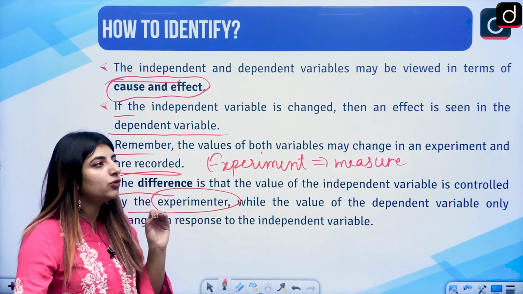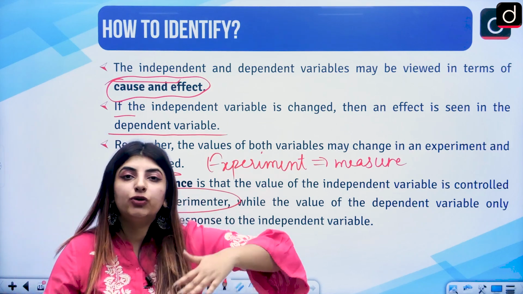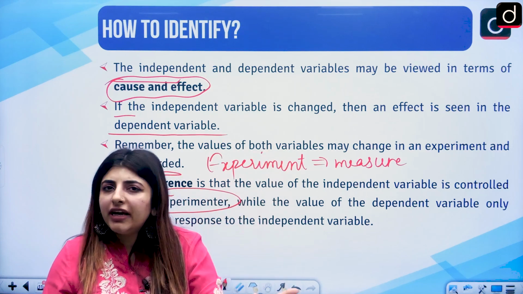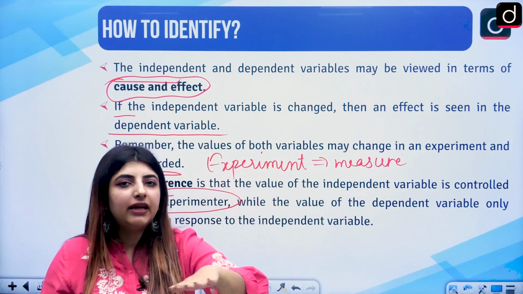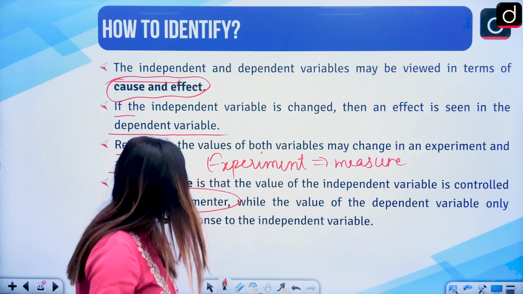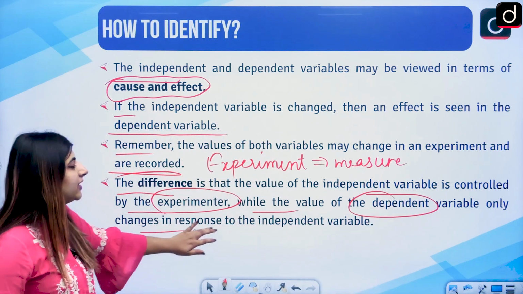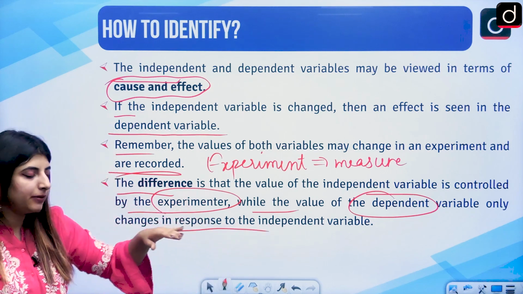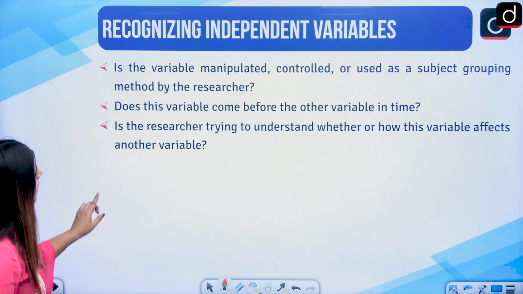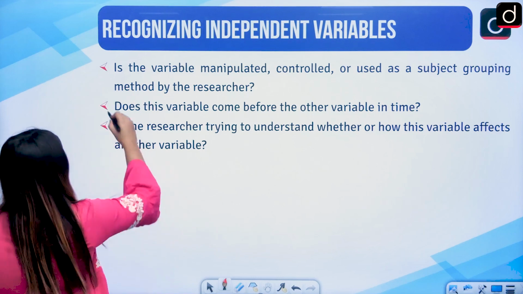The researcher is going to decide whether he or she is going to increase, decrease, or let it be on the neutral phase, right? While the value of the dependent variable only changes in response to the independent variable. Pretty clear.